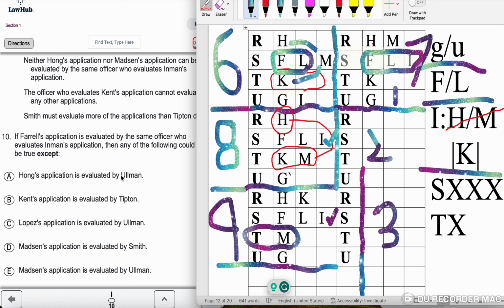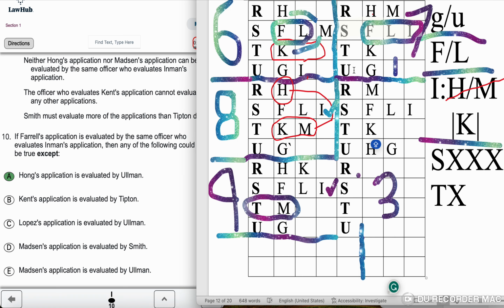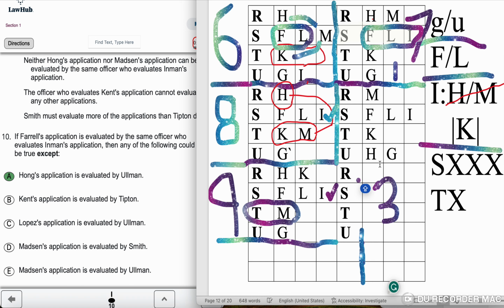H application is valued by U. Well, I don't see that in any other world here at all, so let's go ahead and choose that one right off the bat. Before selecting it, go ahead and see if it works out. So H is valued by U, so I put H here.